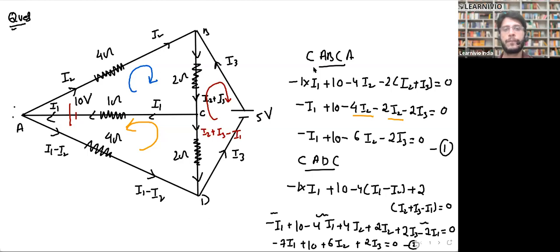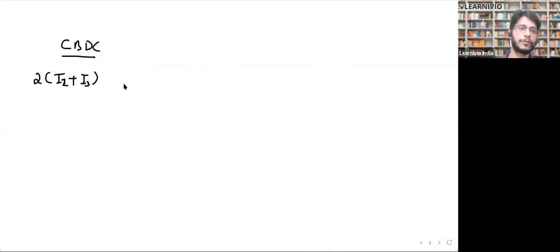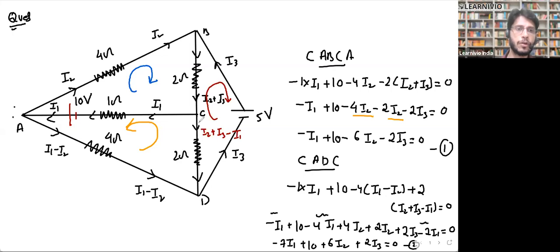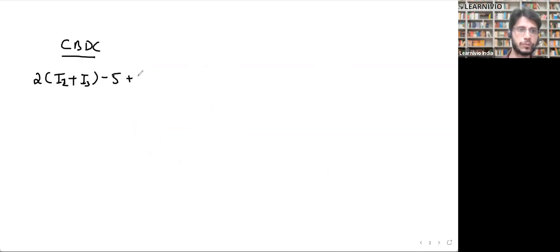Negative, you're moving from higher to lower, so it's minus 5. Then going from D to C, it's positive, so plus 2 times (I2 plus I3 minus I1) is equal to 0.